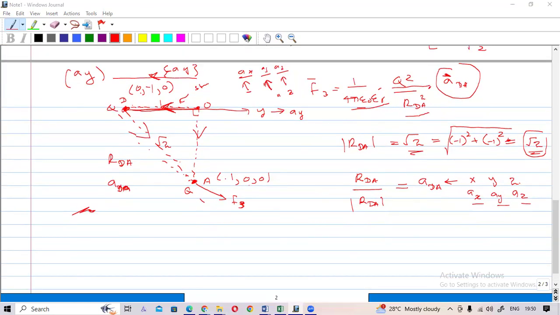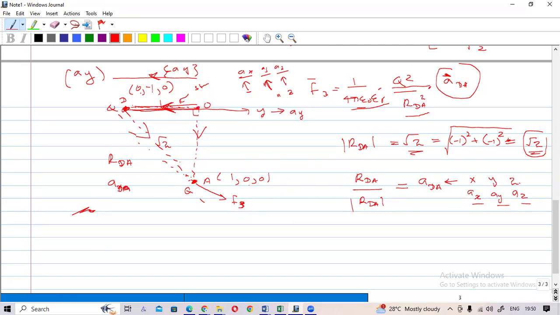So this is minus direction, minus ay direction. And this is RDA. We get this RDA, this is as plus. So this way, this vector plus this vector is equal to this vector. So this vector I will directly write. The magnitude of this vector is 1, and the unit vector is minus ay.